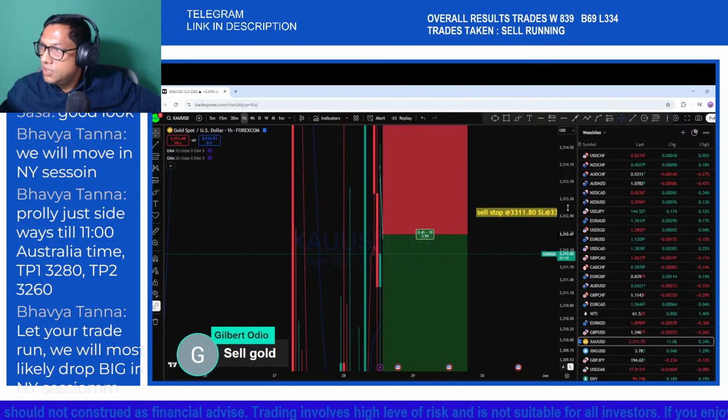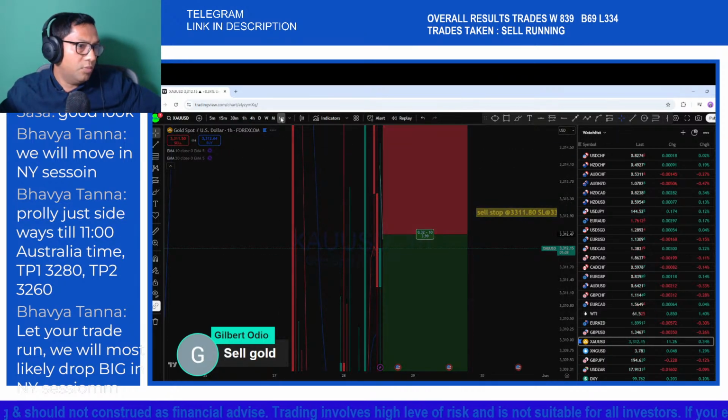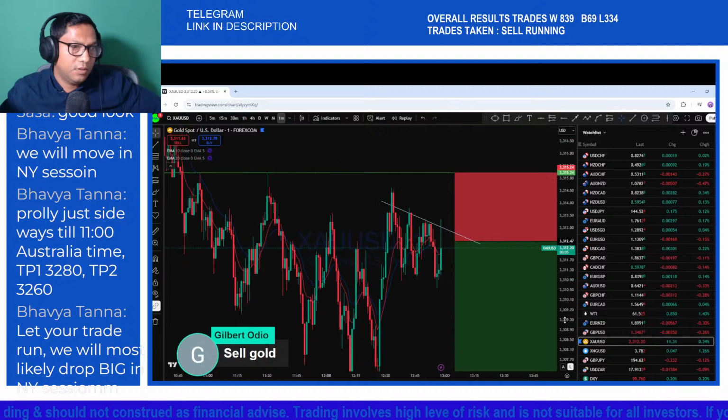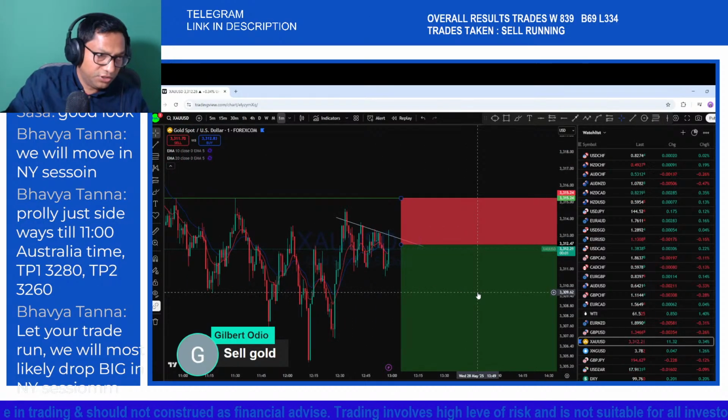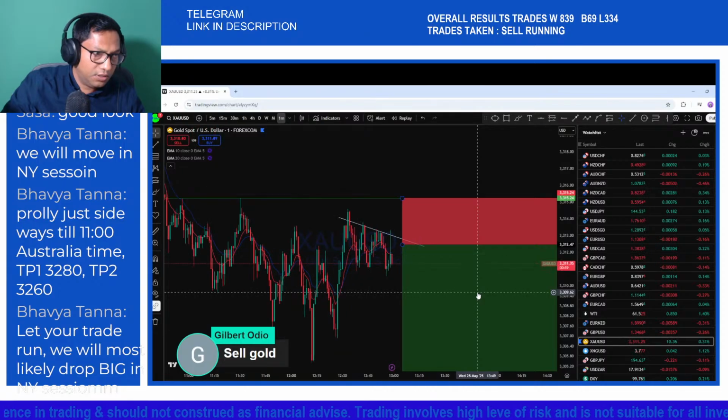Okay, so it's getting rejection on both directions. So let's wait to see this 1 minute candle. Is it a manipulation or is it a drop?